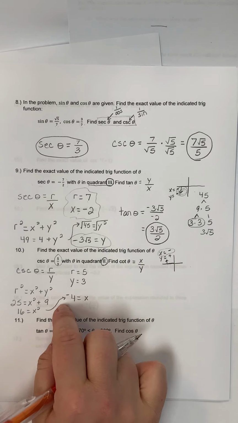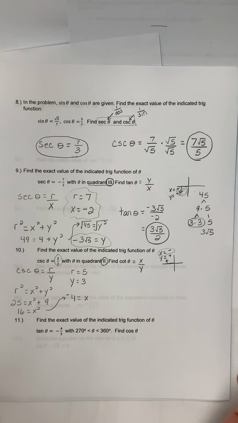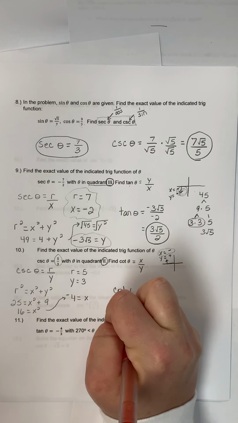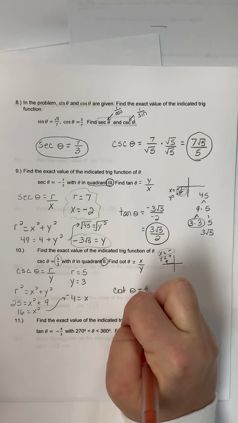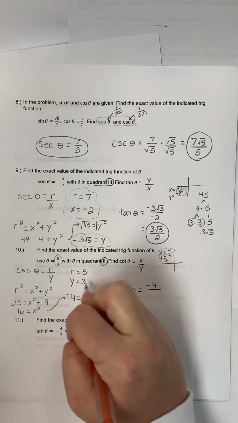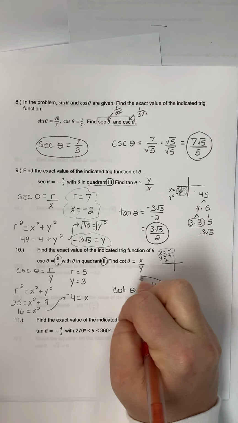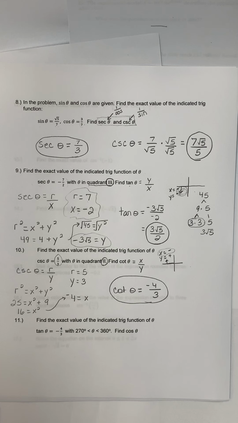That's really, really important, okay? All right, now cotangent is x over y. And I don't need to reduce. There we go. Okay. All right, let's try it again.